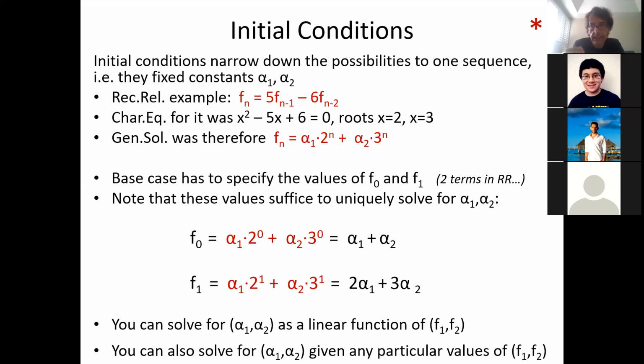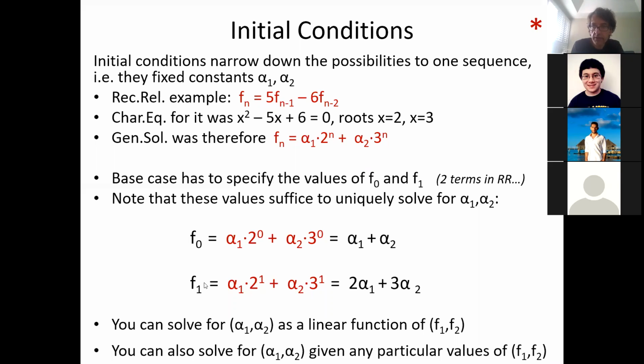That should also give you a kind of intellectual sense of relief, right? You see that, indeed, in order for this general solution to define a particular solution, I need 2 constraints that would allow me to define what alpha 1 and alpha 2 are.